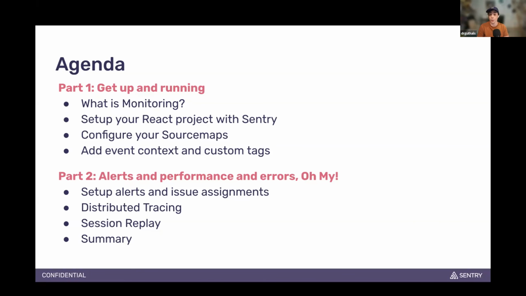Then we'll take a short break, and I'll pass it off to Lazar, who will talk about alerts, performance errors, setting up alerts and issue assignments, a little into distributed tracing and session replay. We'll give you a quick summary, share links with you, and share this slide deck with you.